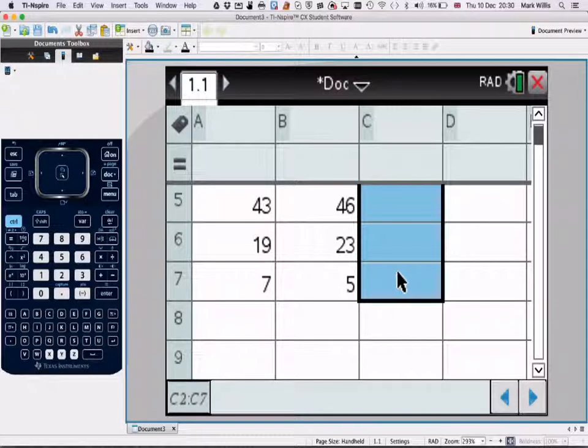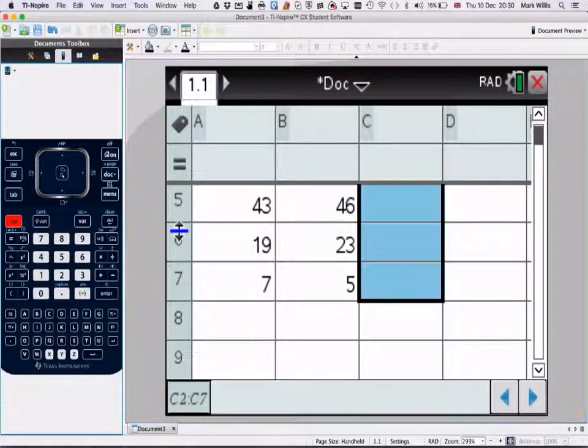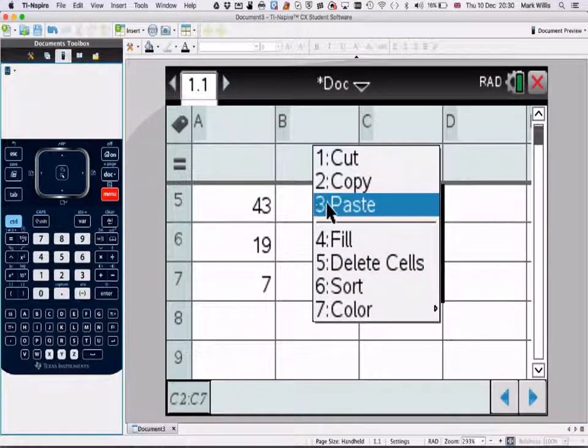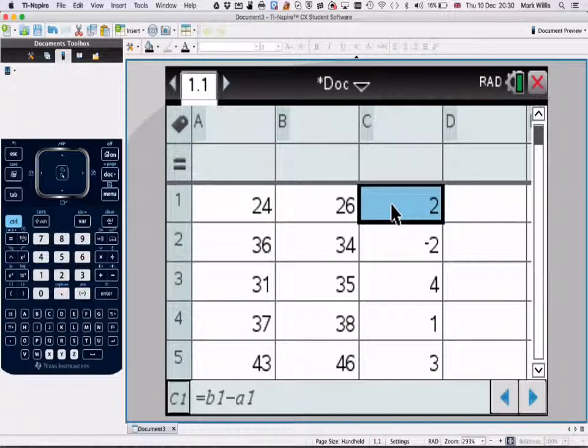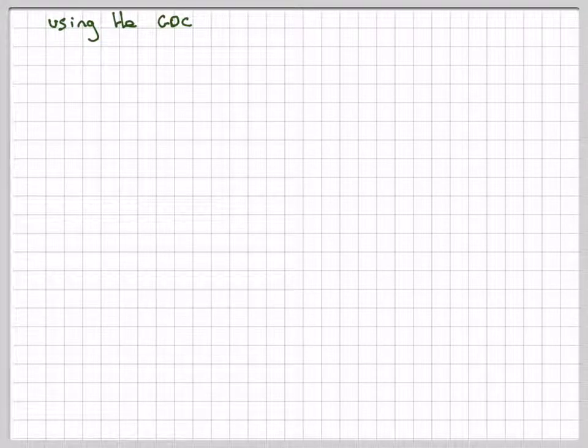Then do right click again, so control menu and then paste. It will paste all the differences in there for us. Put your cursor on there and we'll come back to that in a minute.